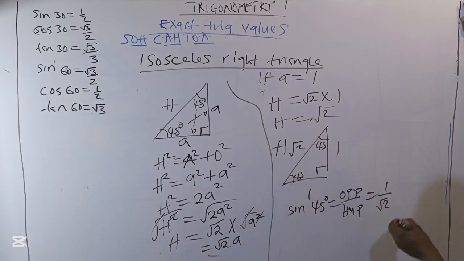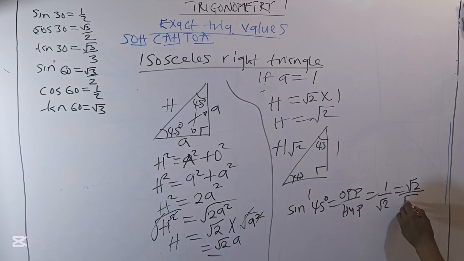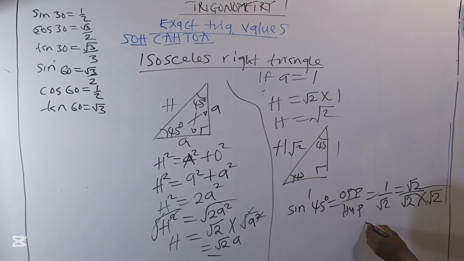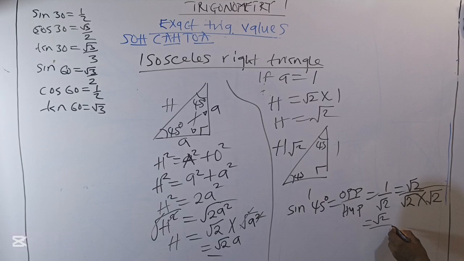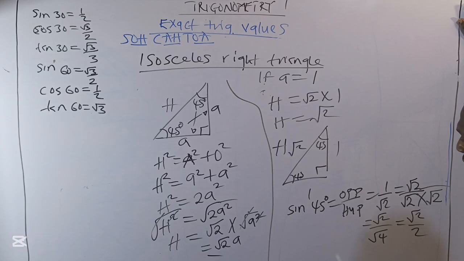Opposite over hypotenuse. So now if I rationalize, I'll have root 2 all over root 2 squared, meaning I'm multiplying the top by root 2 and I'm multiplying the bottom by root 2. Let me write it out so you get it well. So this gives me root 2 all over root 2 times root 2, which will give me root 4, and square root of 4 is 2, so I have root 2 over 2 for sine 45.